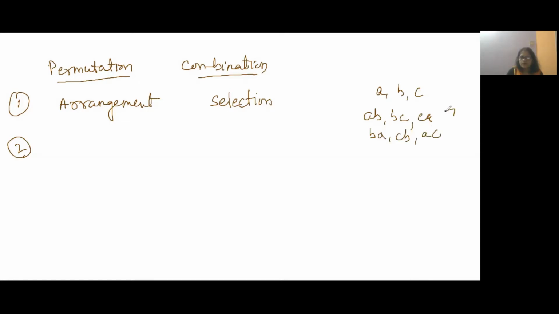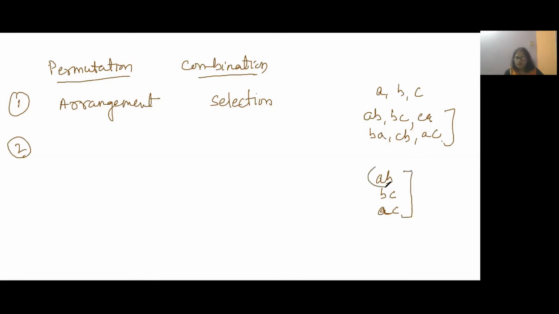So these many arrangements are possible. But if I say select any two out of three, you may write AB, BC and AC. You do not have any other selection here.